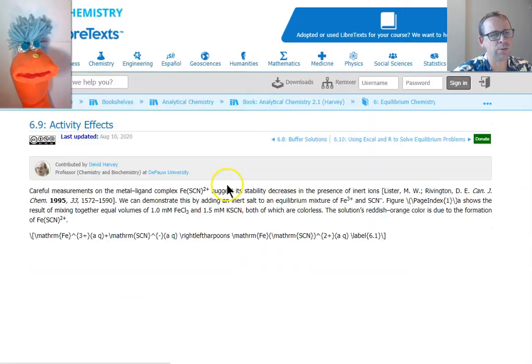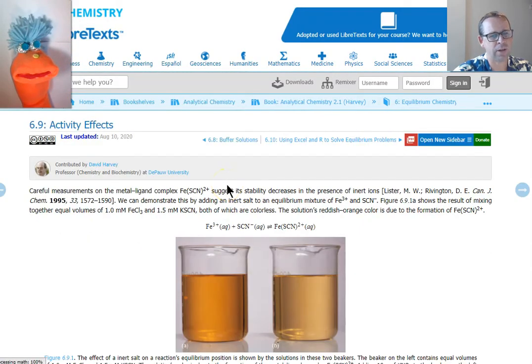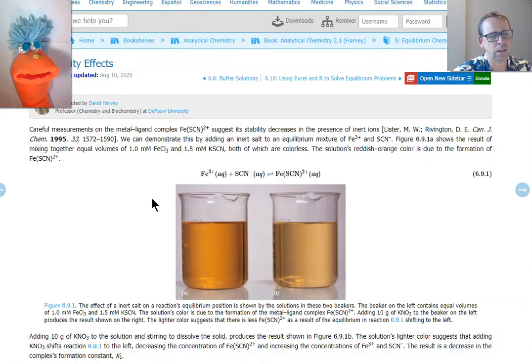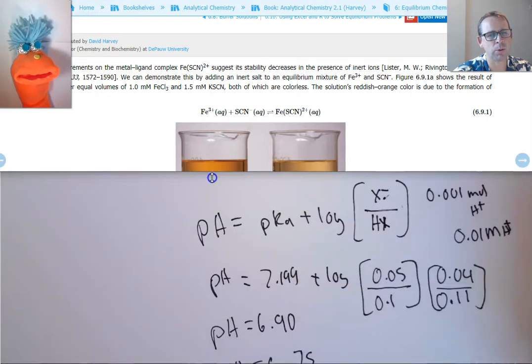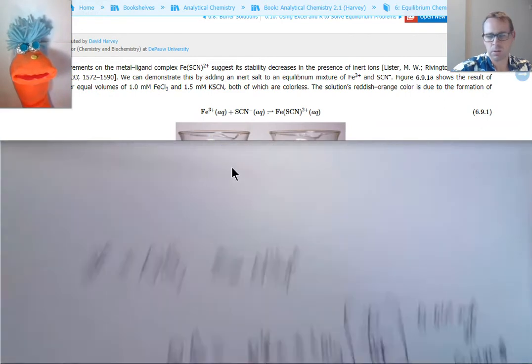Now we want to talk about what we call activity effects. All right. If we add a little bit of sodium chloride, 0.1 molar sodium chloride, to water.